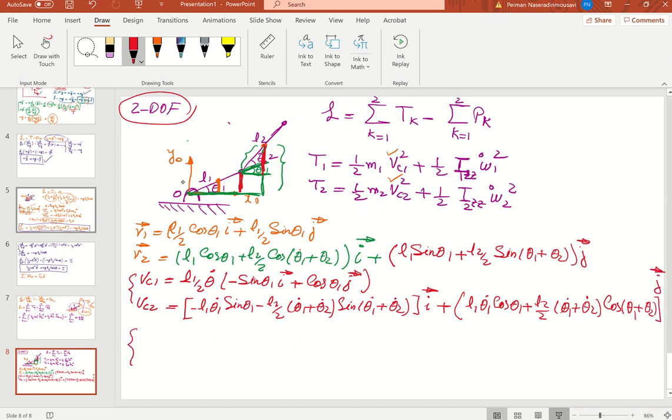So simply you get that VC1 square is going to be, as in the previous case, L1 square theta dot 1 square divided by 4. Do it at home. VC2 square is going to be this square plus this square.